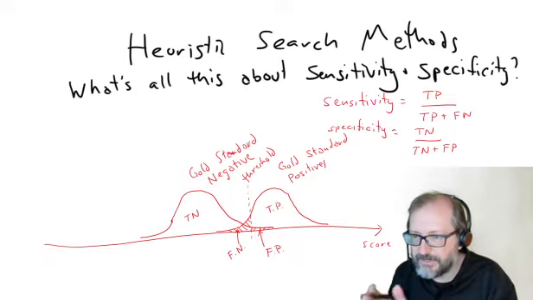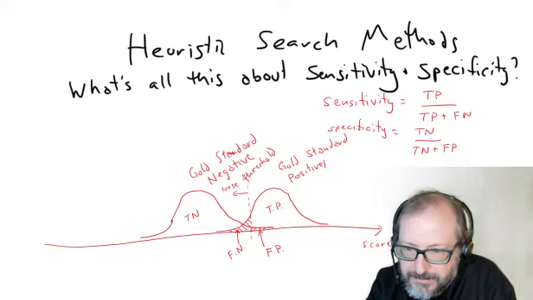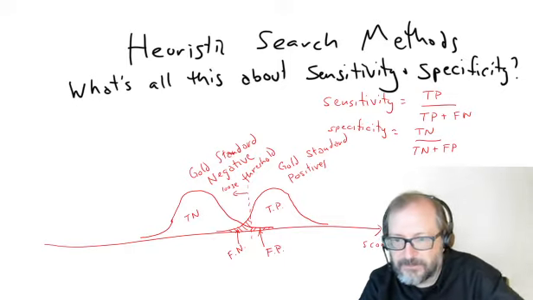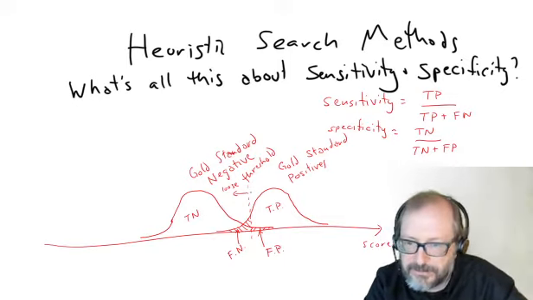Okay, and so you can actually vary this threshold. You can move it to the left, and that means that you'll get more test positives. But of course, a lot of those will be false positives, right? So we call that a loose criterion.